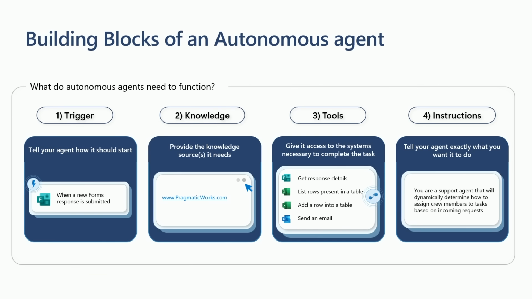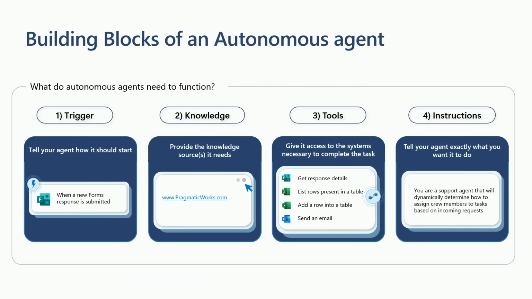We could even add in different tools. These tools, as we go through them in a little bit, you're going to see are Power Platform connectors. So it's the same similar actions that we have with Power Automate and Power Apps that we can utilize here in our agent and just say we want to use this tool, and let the autonomous agent determine when to do so.